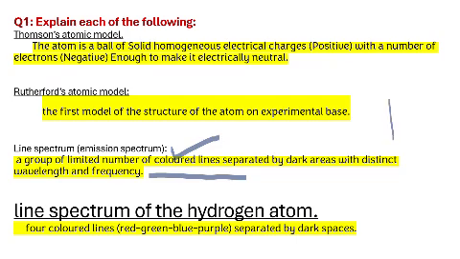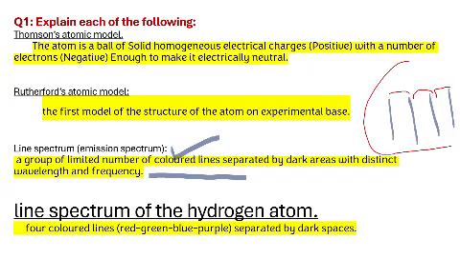We have some colored lines, and between each two lines there is a dark area. This is called the emission spectrum. So the emission spectrum is a group of colored lines separated by dark areas.